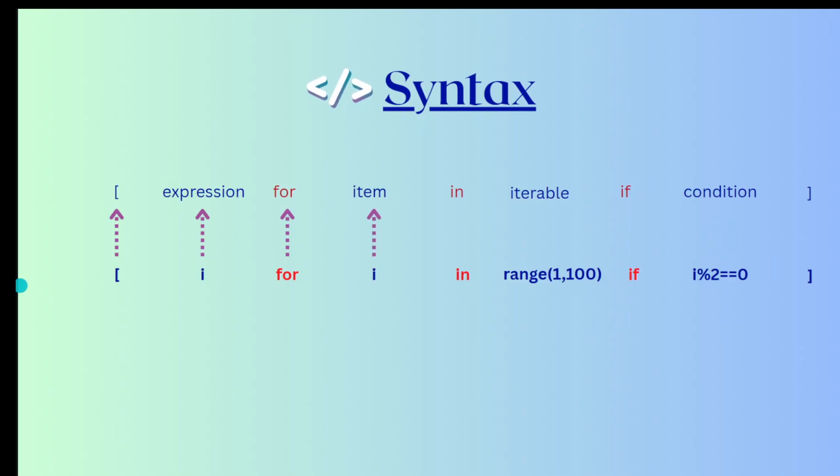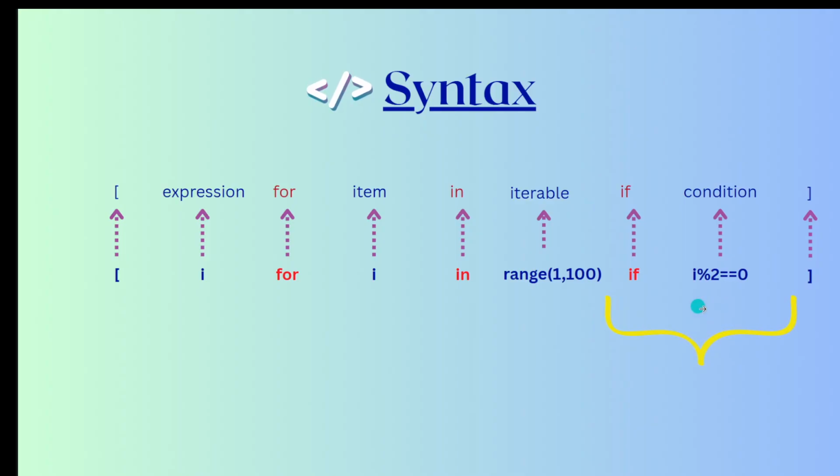Then we have the item, so for i in range 1 to 100: for and in are keywords, and the iterable is where I am putting range. Then if is again a keyword, saying that if this condition is true, then only we are going to copy it into the list.